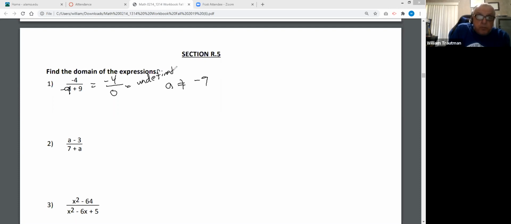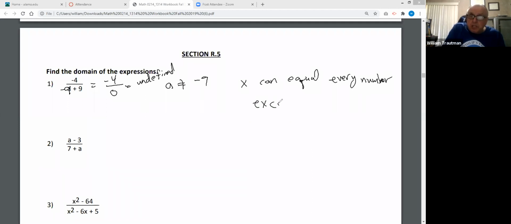It's an error. So the domain stands for what can X equal. Well, sometimes it's easier to say what X cannot equal. That means X can equal every number, except X cannot equal 9.